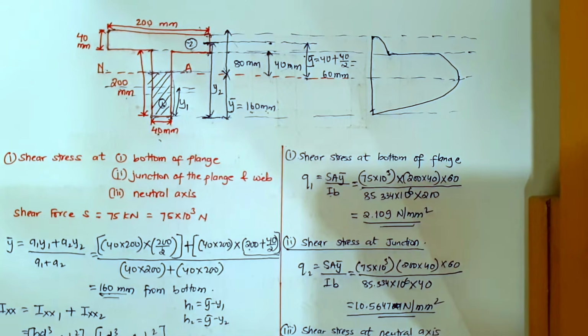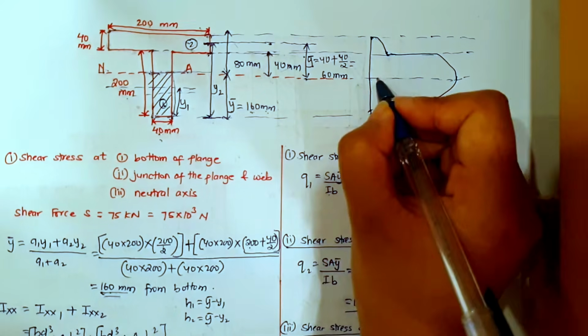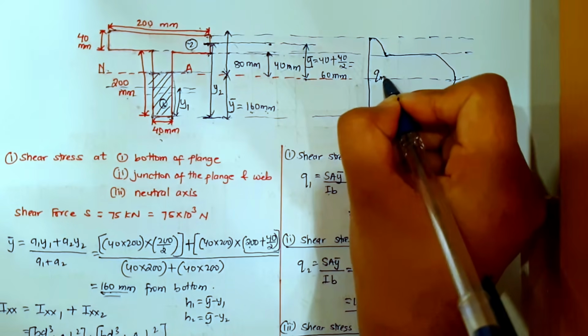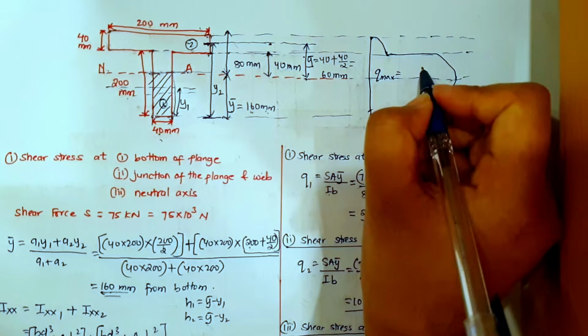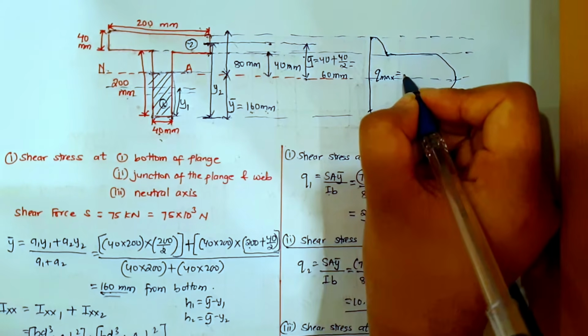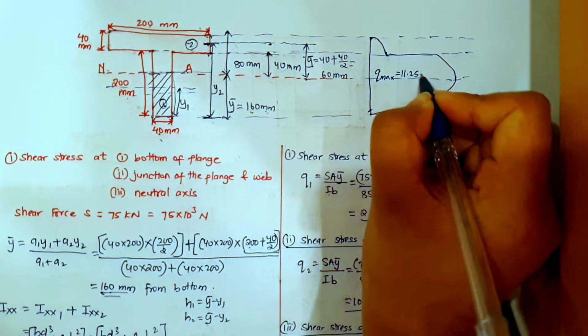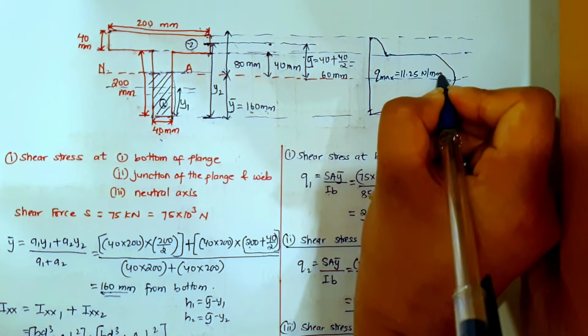here in this manner. So here at this point you have Q max, which you got equal to 11.25 Newton per mm square.